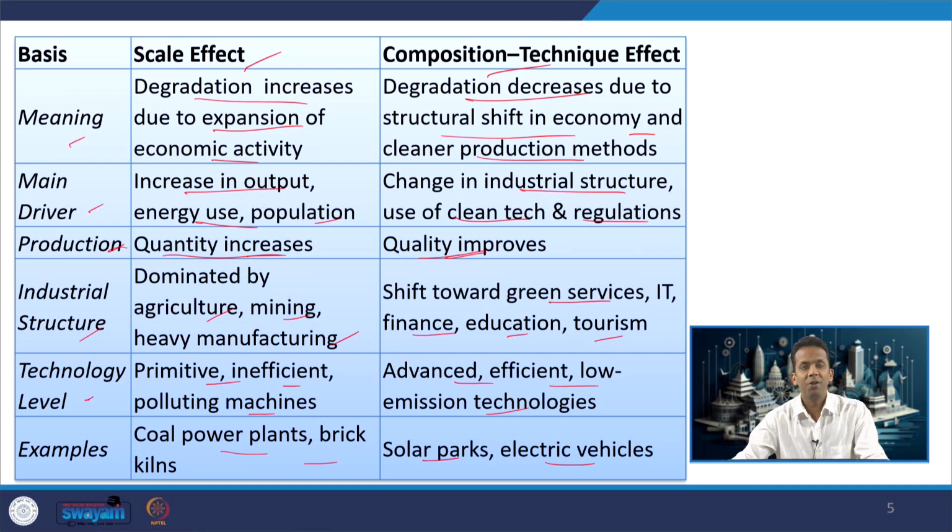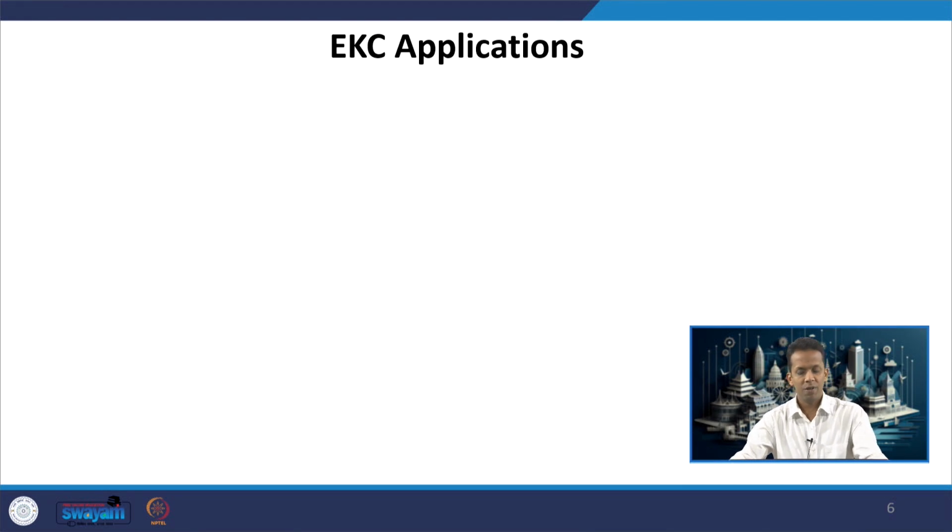So, it was all about the environmental Kuznets curve, the hypothesis, the inverted U-shaped curve, the relationship between environmental degradation and the economic level of the country or the per capita income. The applications of EKC: how is this curve useful to government or to industries?